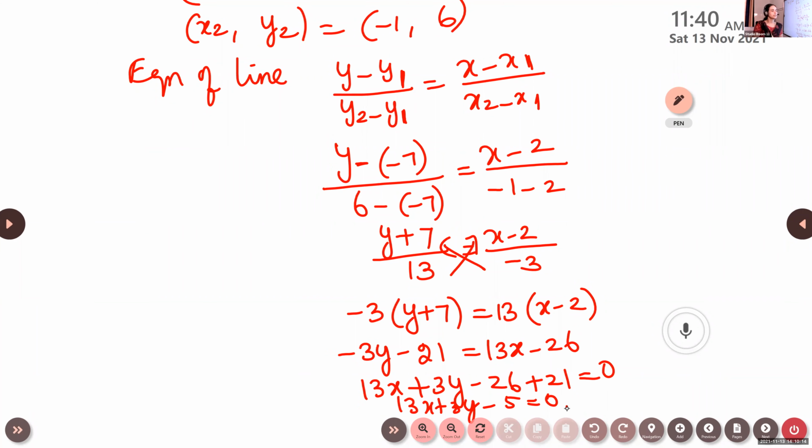Is it correct, Akshay Varghese? Yes, ma'am.